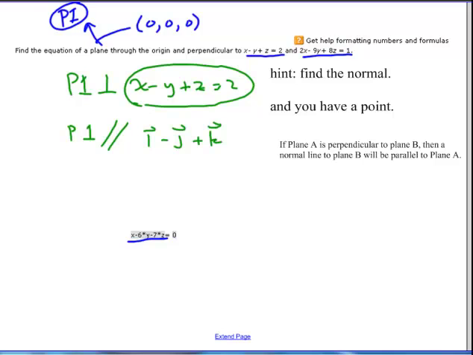Similarly, plane 1 must also be parallel to the line that's perpendicular to the plane which it's perpendicular to. Same kind of order of thinking. So plane 1 must be parallel to 2i minus 9j plus 8k.